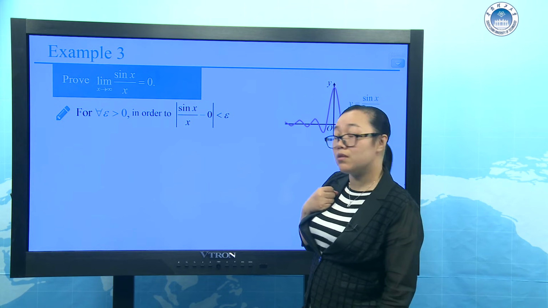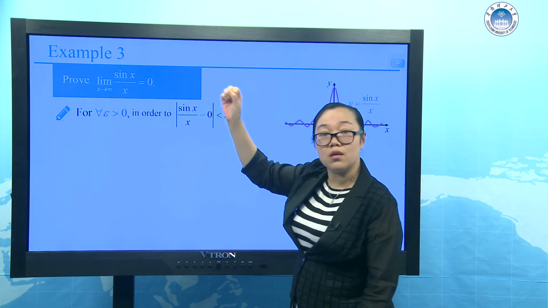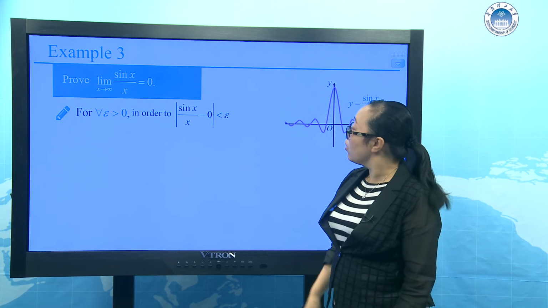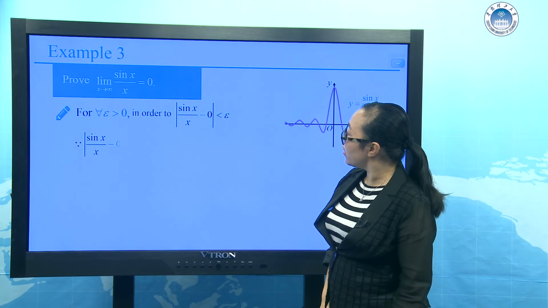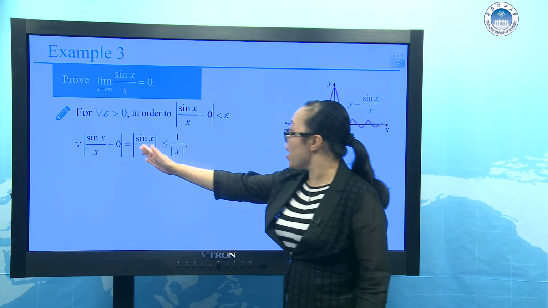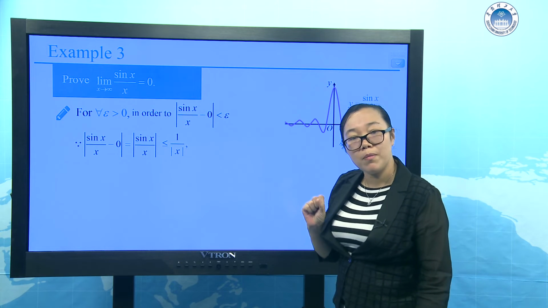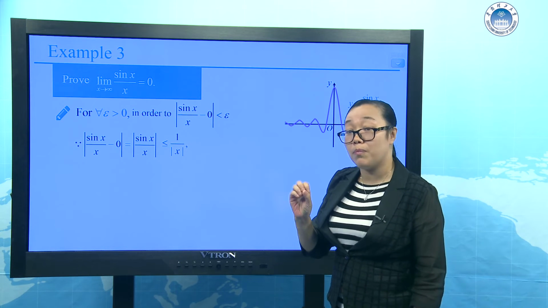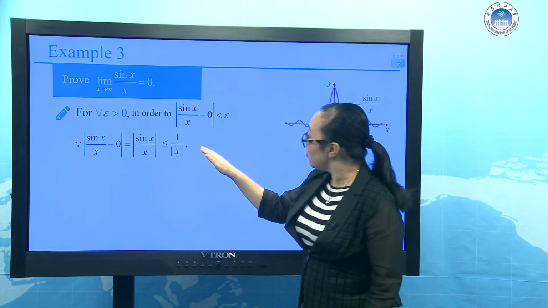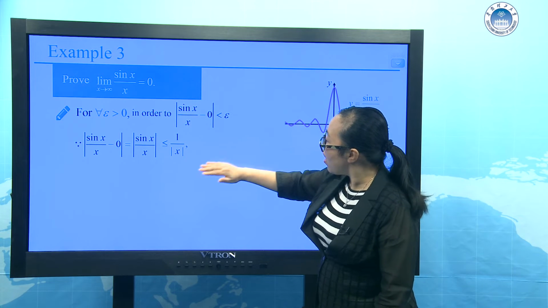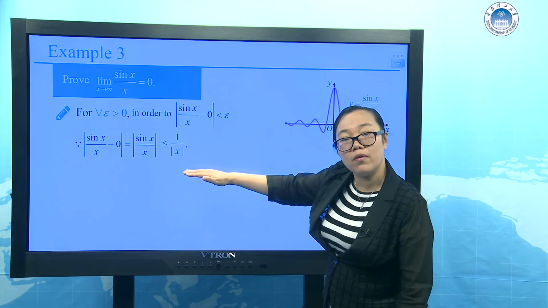Capital L means our limit. In this question, it equals 0. Try to get this expression, because minus 0 equals itself, the absolute value. Do you remember the sin x is bounded? So it is less than or equal to 1 over the absolute value of x.